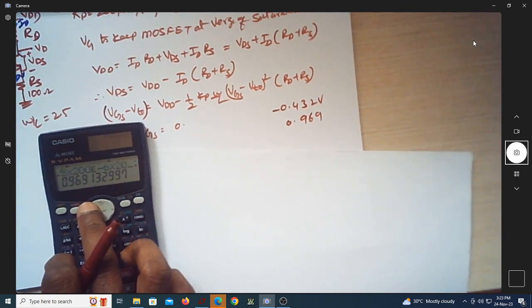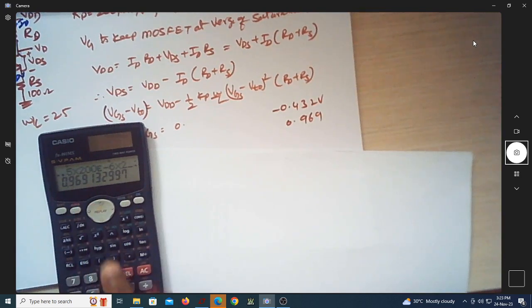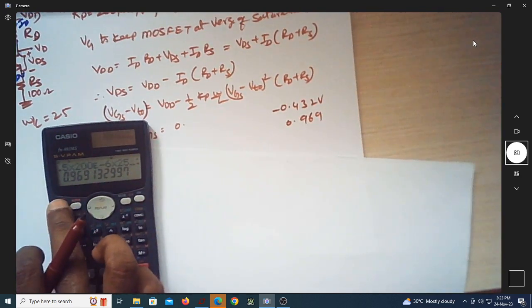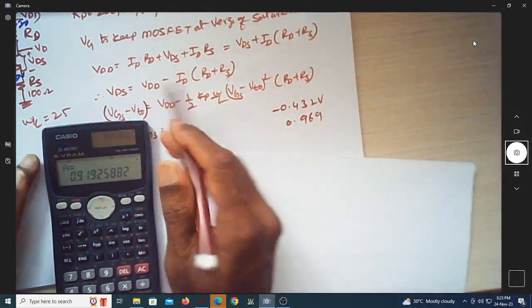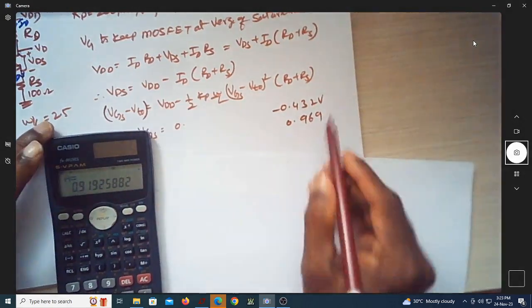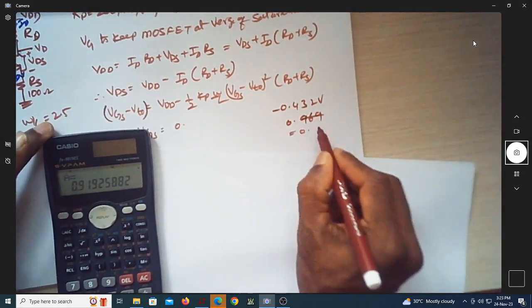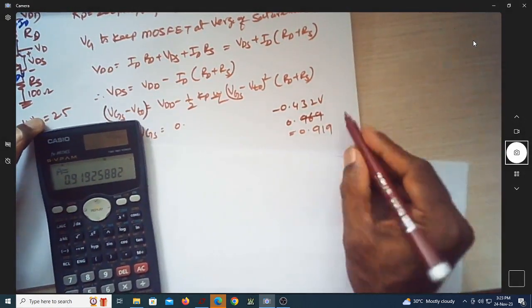I just kept it as 20. So let me just type this. W by L is actually 25. Let me do shift cal. So there is something wrong in my entry. Actually W by L is 25. So what I'm getting is 0.919 is one of the values.